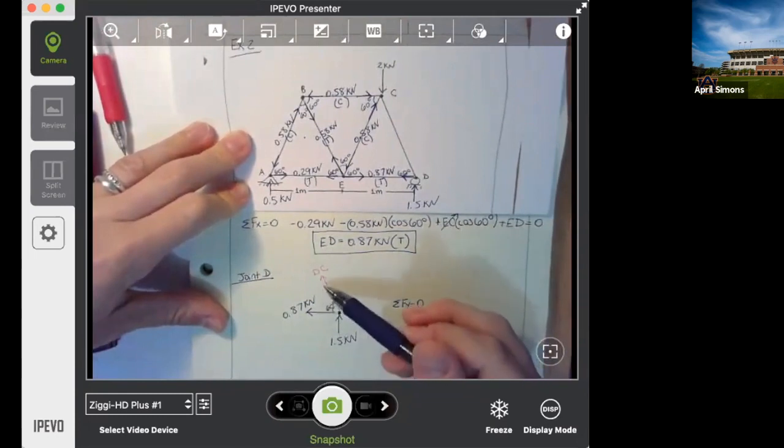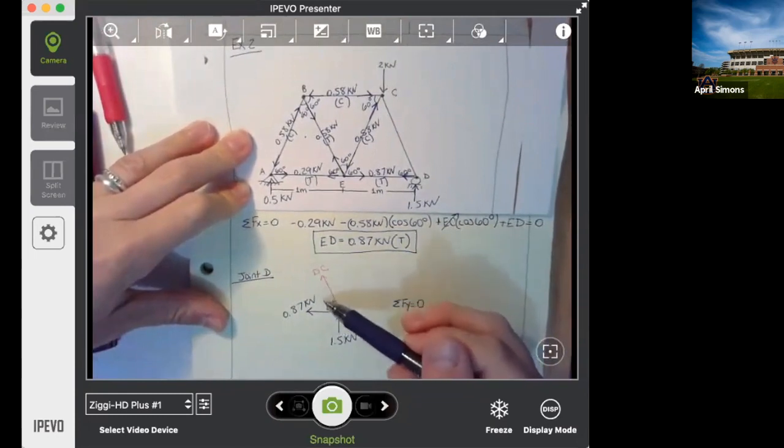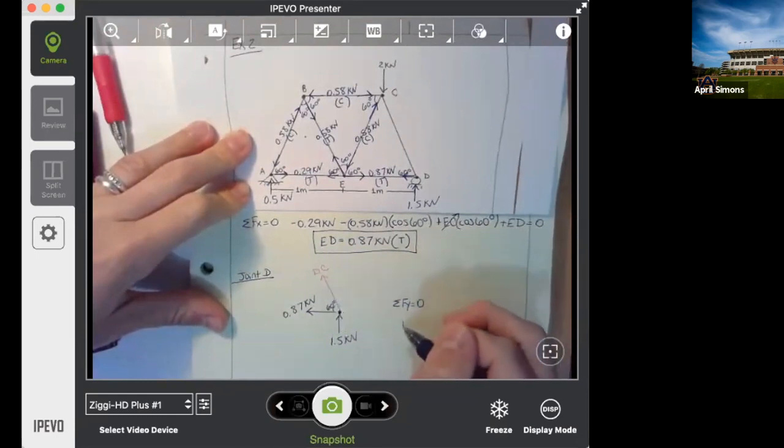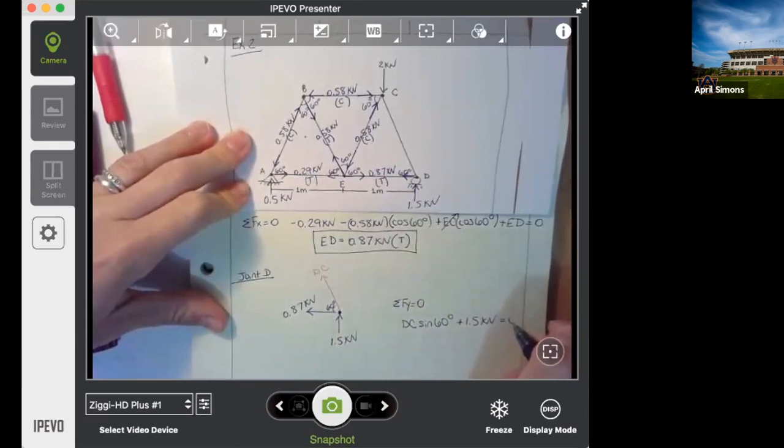So for DC, since Y is up, we have positive DC times sine 60, plus our support reaction in Y, plus 1.5 kilonewtons, equals 0. Solving for DC, we get DC is negative 1.73 kilonewtons. Negative, again, meaning compression.